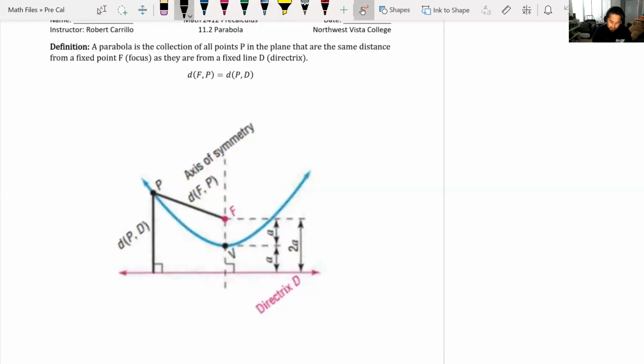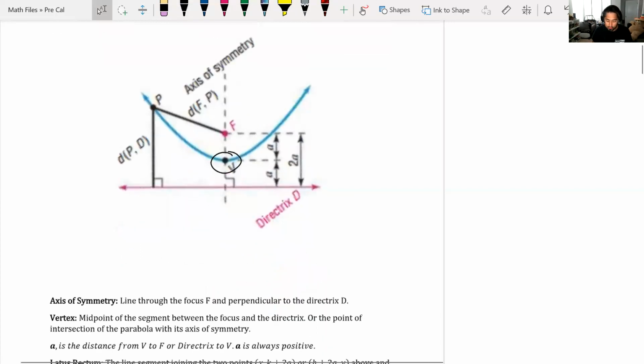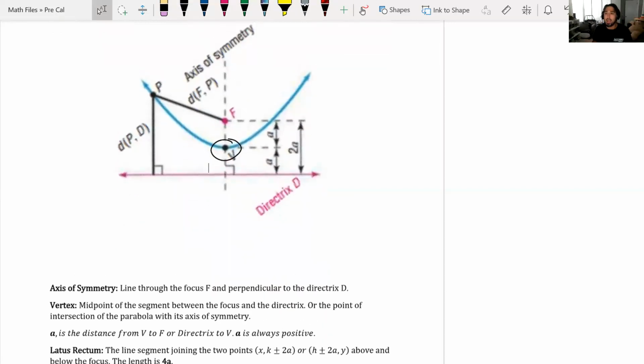All right. So what you see here is parabolas are going to have a main point. Parabolas are going to have something called the vertex. That is the vertex, what I circled there. And the way to determine how a parabola opens is the placement of the focus.